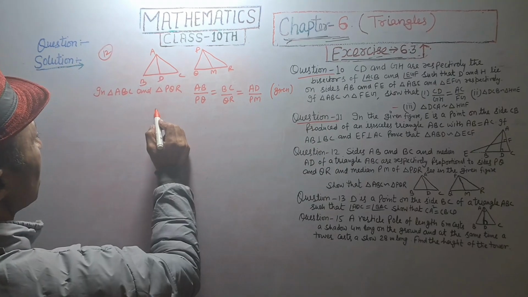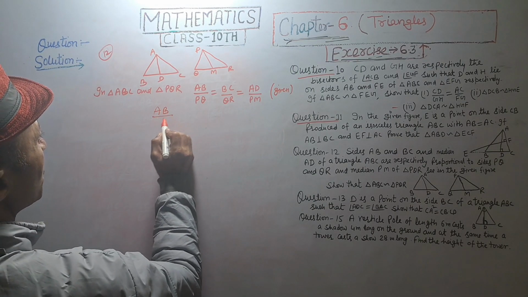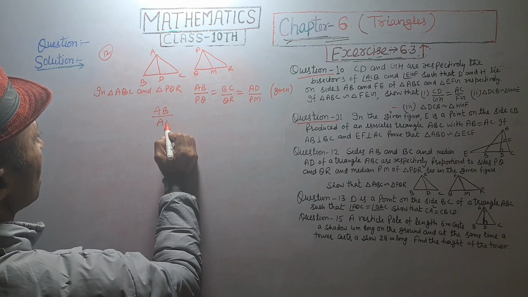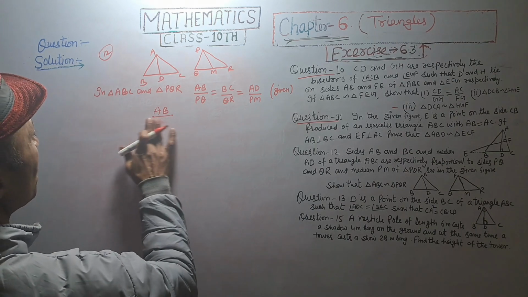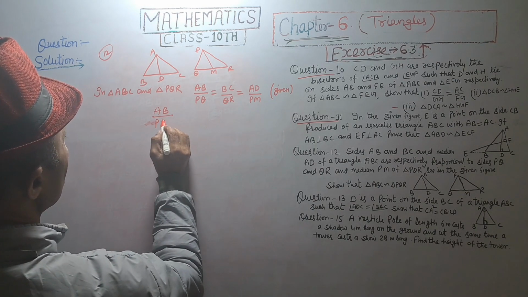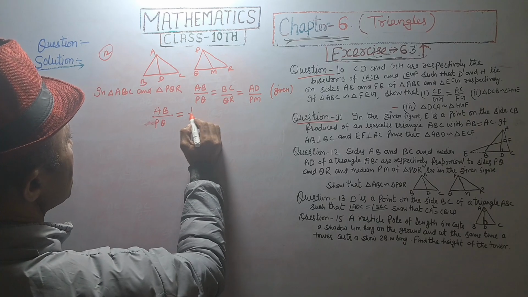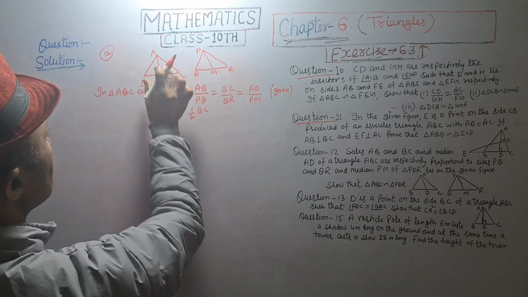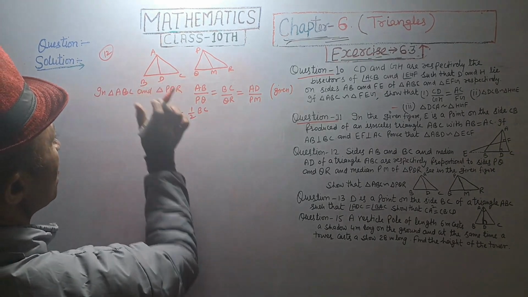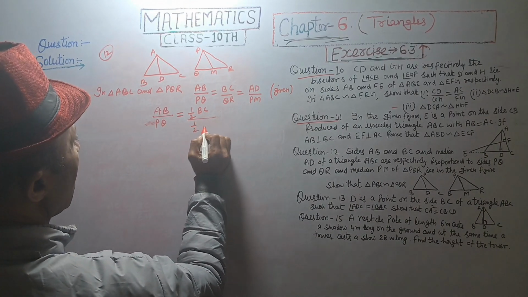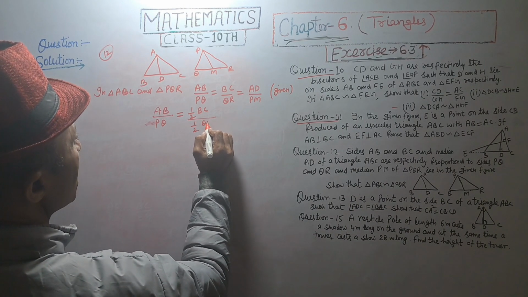Given, AB upon PQ is equal to half of BC upon half of QR.